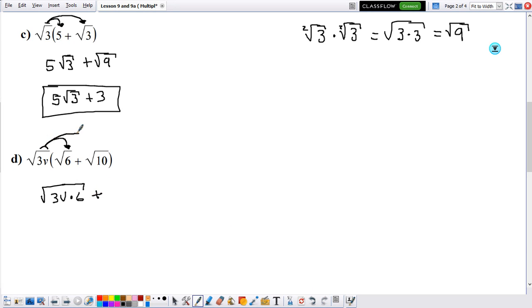Let's just distribute this again. Notice that both of them have the same square root, so we're going to multiply the insides. So now this becomes 3b times 10. Now let's see if we can simplify what's happening inside the square roots. So now we're going to have 3b times 6, that's 18b, plus the square root of 3b times 10, that's 30b. And we're done.